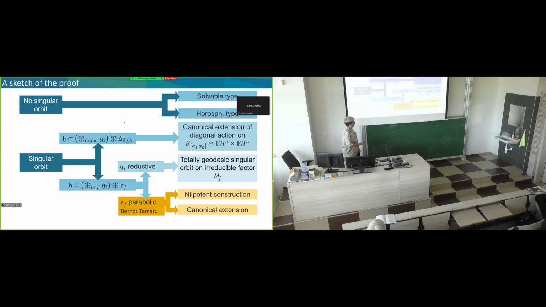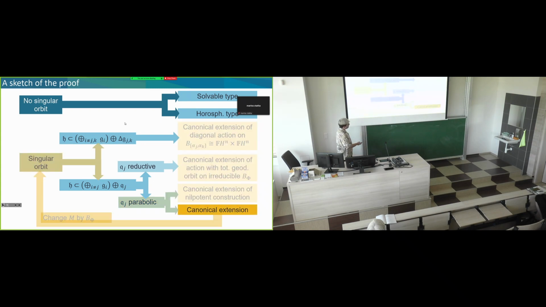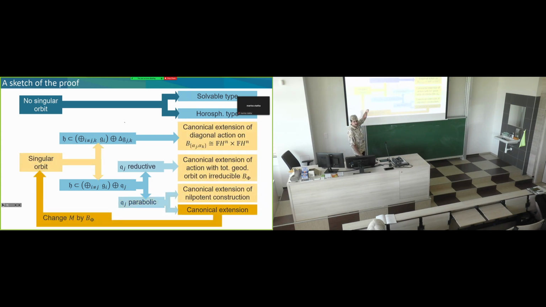So what one does now is change M by B phi and repeat the process. So we get that our action is a canonical extension of a canonical extension of a diagonal action, a canonical extension of a canonical extension of an action with a totally geodesic orbit, a canonical extension of a nilpotent construction, or a canonical extension of a canonical extension.